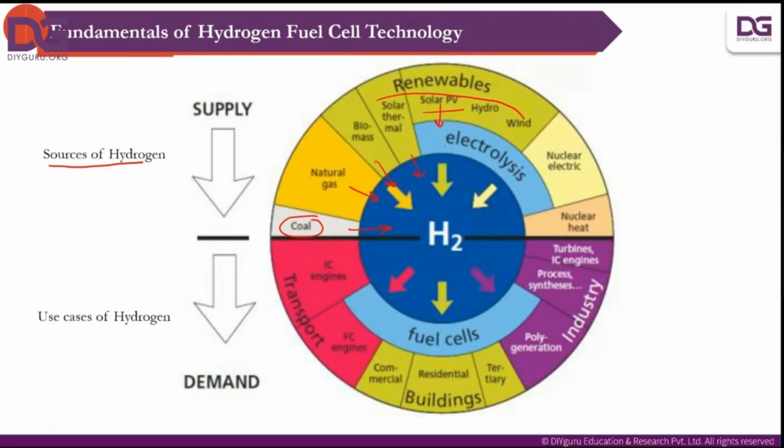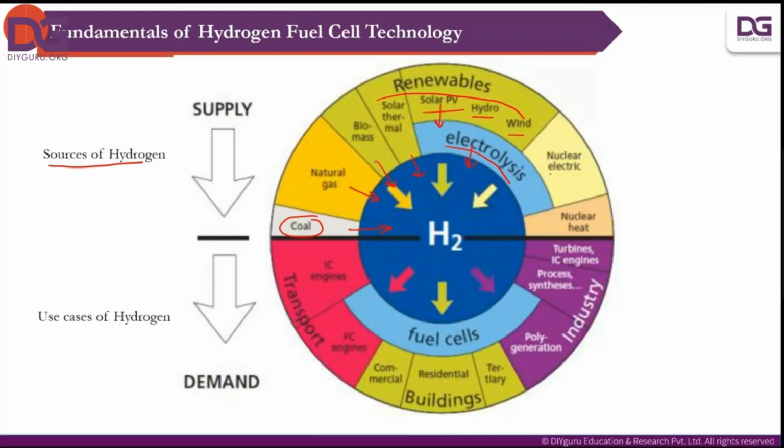I will also tell you about the electrolysis process in the further part. So using hydro energy, wind energy and solar electrical energy, we break down water using this electrical energy in the electrolysis process to create hydrogen.